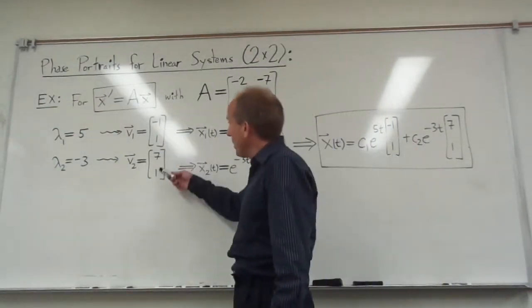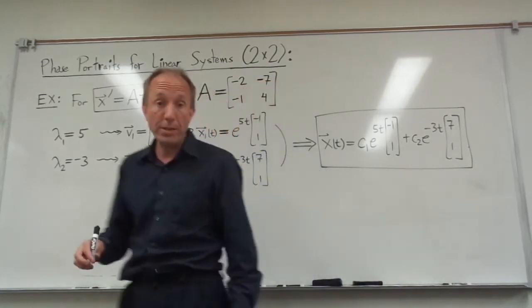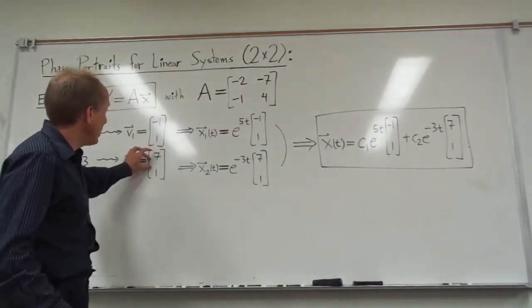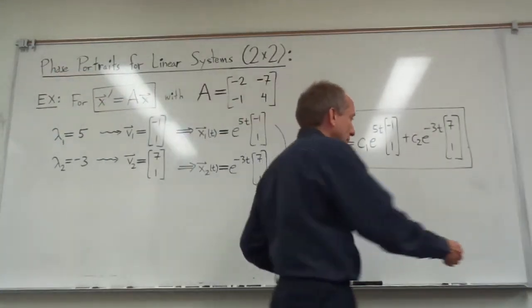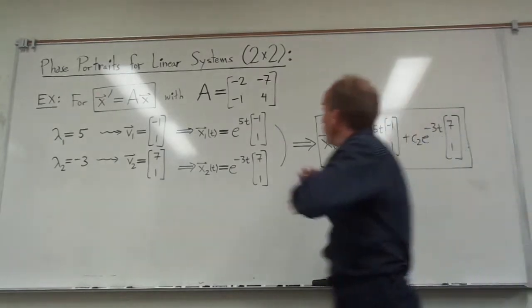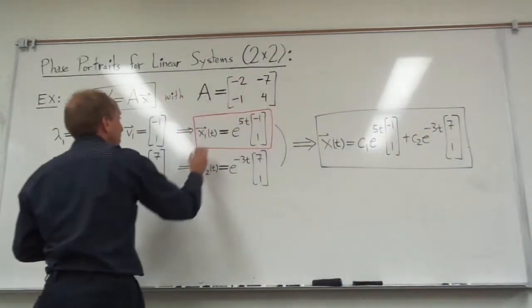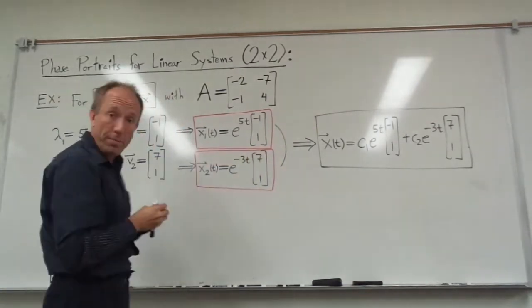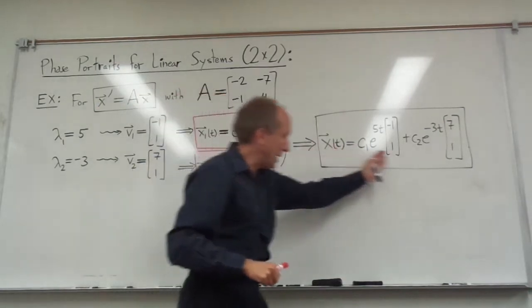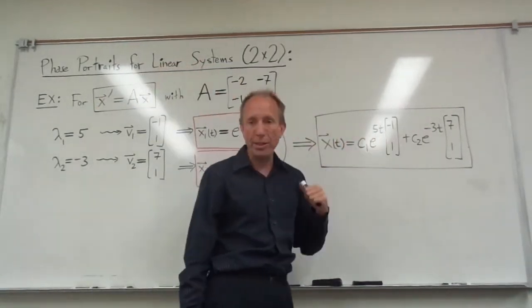And the corresponding eigenvectors, we worked those out by looking at the null spaces. And we got these two vectors here. From there, we were able to put together the two basic solutions here. Here's the first one, the x1 right here, and the x2 right here. And from that, we could then write down the general solution to the system. So that's what's in the box over here on the right.